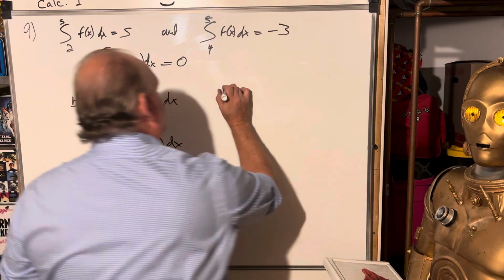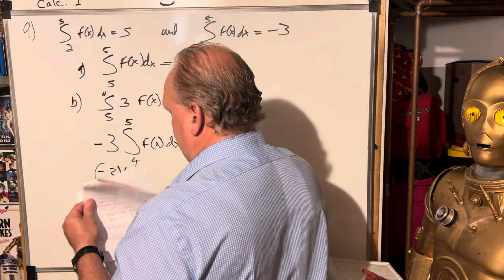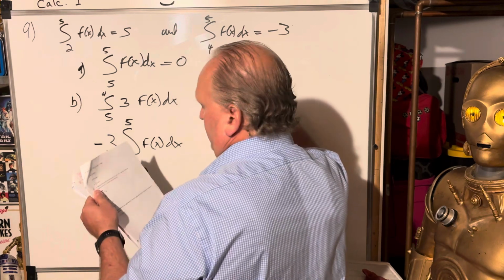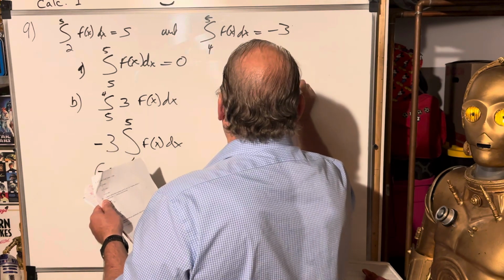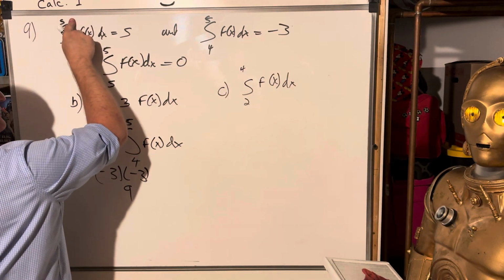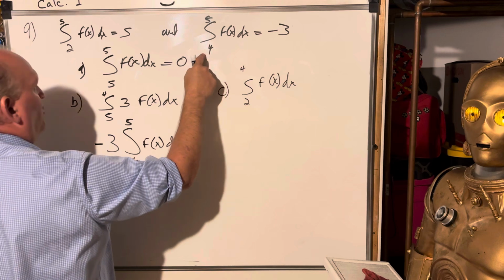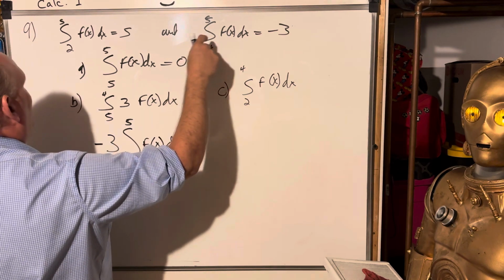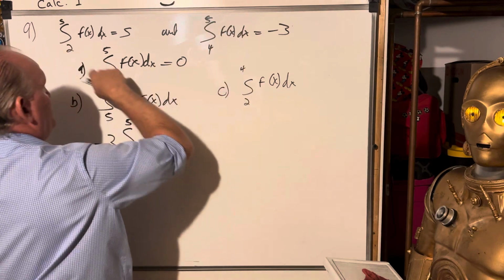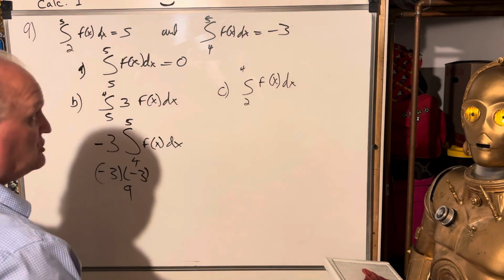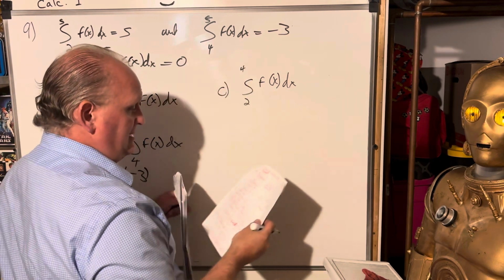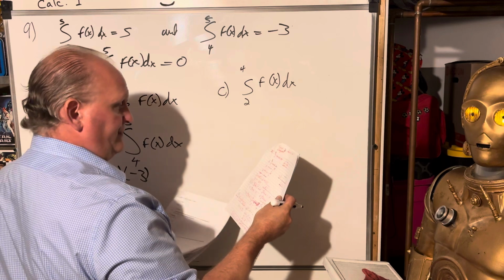And then C. What did they do with C? They want it from 2 to 4. You might say, uh-oh, we don't have 2 to 4. We don't have 2 to 4, but we do have 2 to 5, and then we have 4 to 5. So if I took this whole interval, but then I subtracted off this little piece, it would be 2 to 4. So I'm really just going to take this one minus that one.